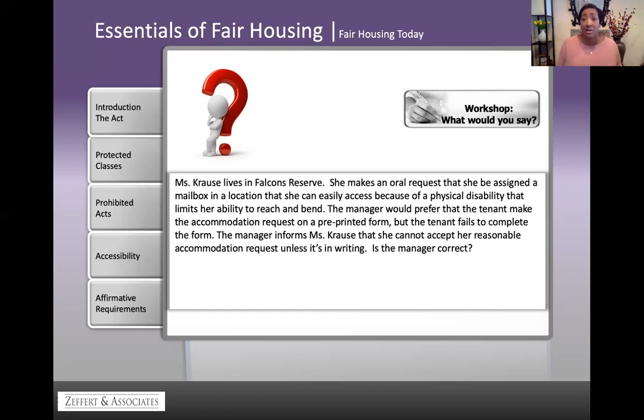You still need to document it in your file, consider the request, approve it or deny it based on what's reasonable, and move on. You do have to dissect that particular request and decide, is it reasonable? But you cannot turn that person away because they don't want to complete your form.